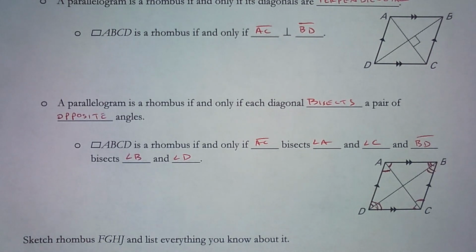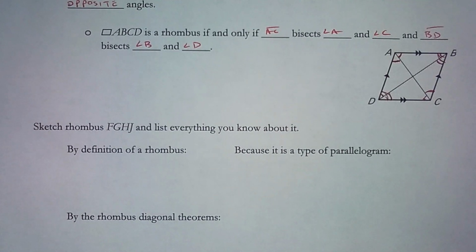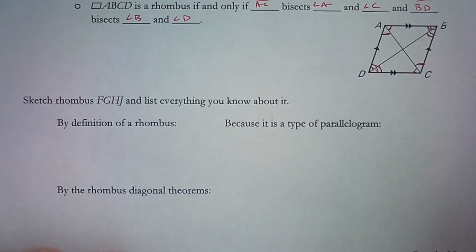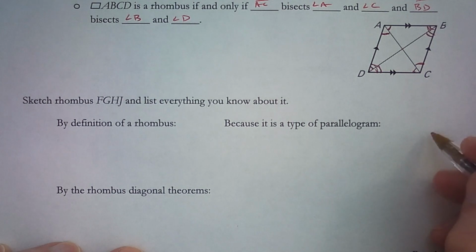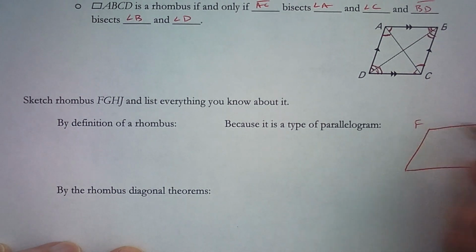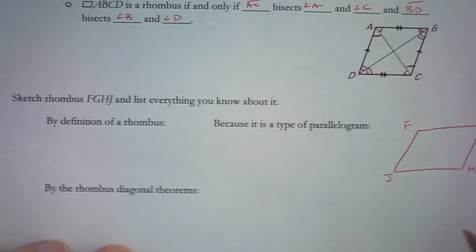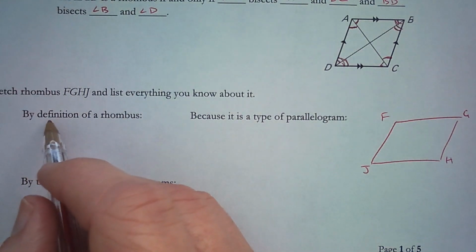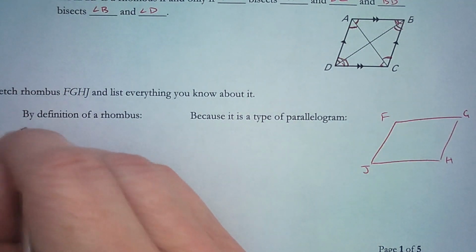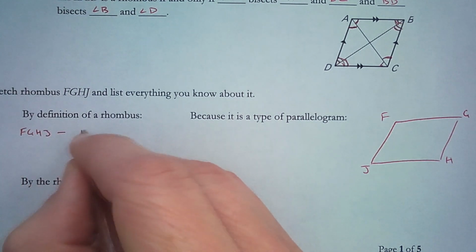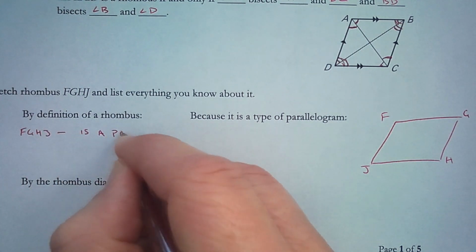Okay, so we are going to sketch a rhombus FGHJ and list everything we know about it. So here is a rhombus FGHJ. Okay, so some things that we know about it. By definition of a rhombus, we know that FGHJ first is a parallelogram.